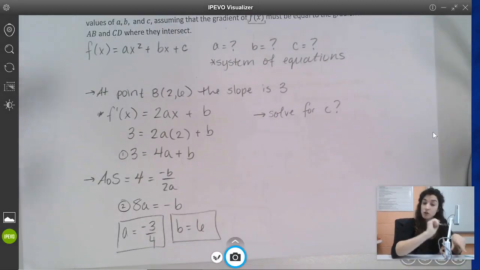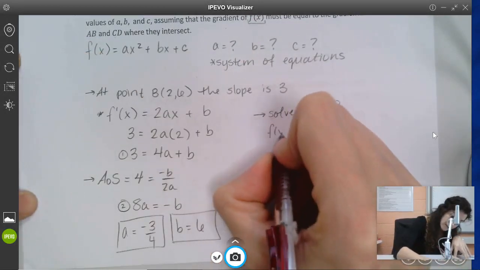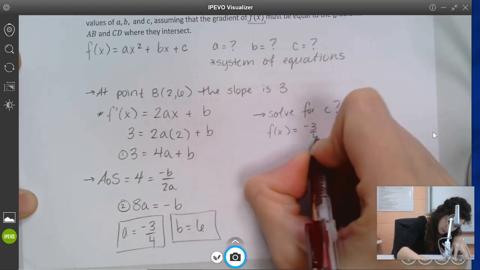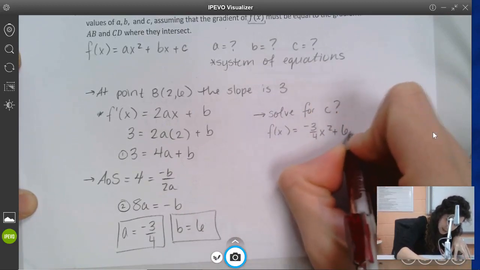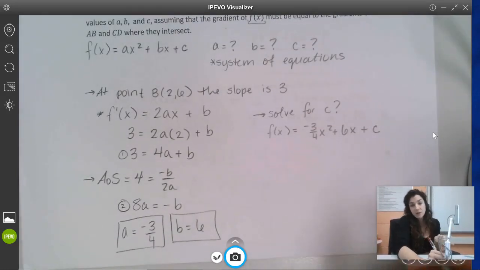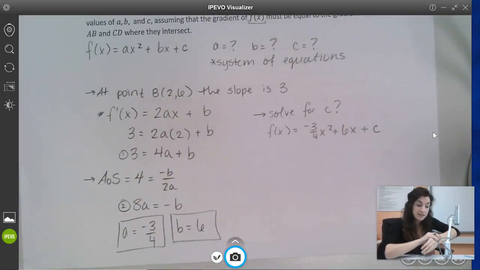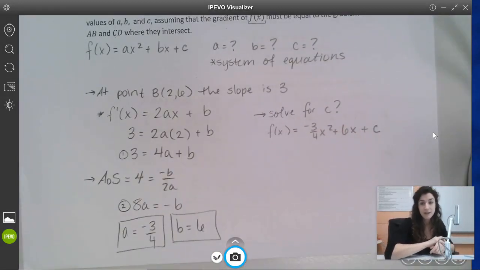And that means that we need to reference back to our original, not the derivative. So now we have that f of x is equal to negative 3/4 x squared plus 6 times x plus c. Here is where it would be a good idea to plug in one of your points that you have, whether it's 2, 6, or whether it's 6, 6, and then you can solve for c.